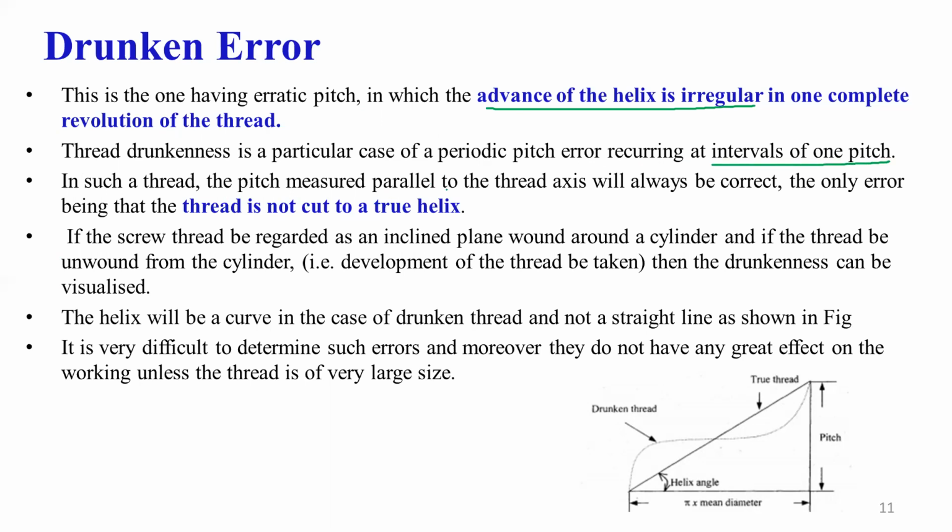So in order to measure the pitch correctly, the pitch measured parallel to the thread axis will always be correct. The only error being that the thread is not cut to the true helix. So in the drunken error, the thread is not cut to the true helix. Because of this, drunken error arises.